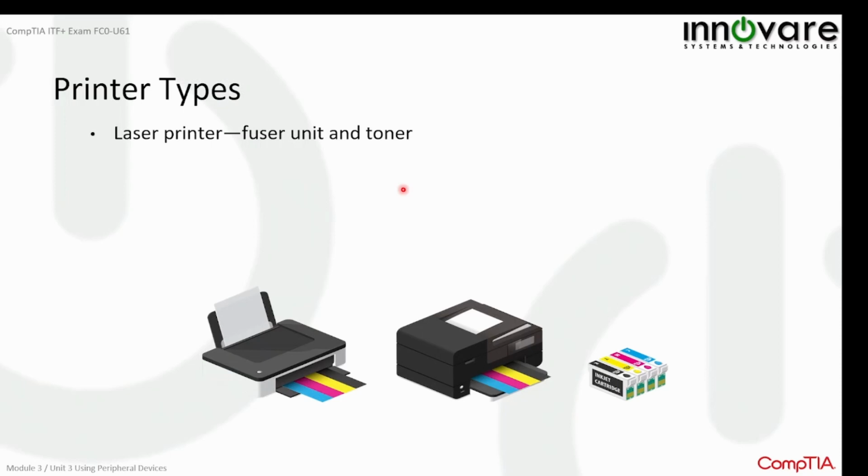And then the inkjet printer, instead of a fuser unit, uses ink cartridges and a print head. The fuser unit is like a roller. It rolls and it's hot, and that's where the ink or toner is fused.